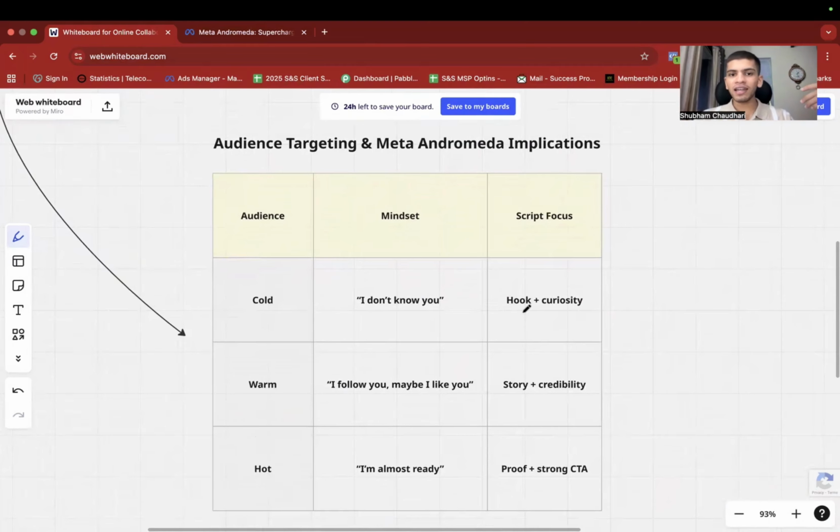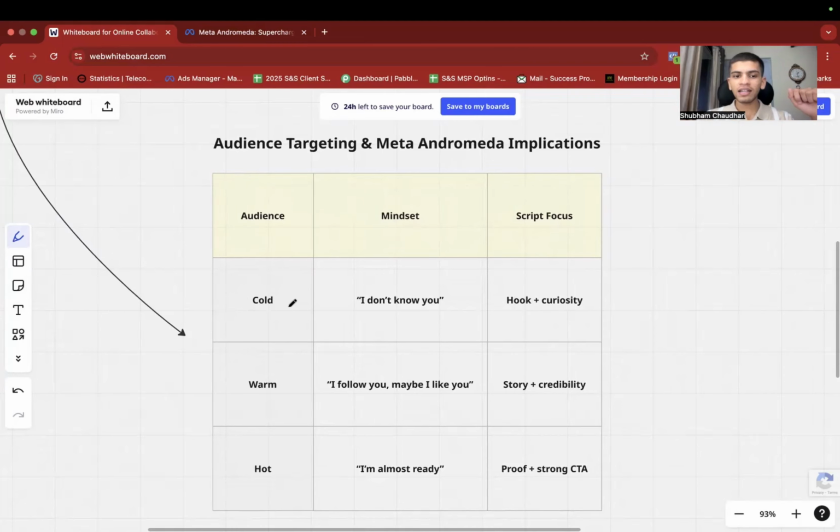And as I said, the new Andromeda system implemented in Meta ads reads your script, your ads, the copy of it, the creative of it. The AI tries to understand whom you are trying to target. So it is very important that whatever script, aesthetic, content or video you are making resonates with the type of audience you want to attract, right?